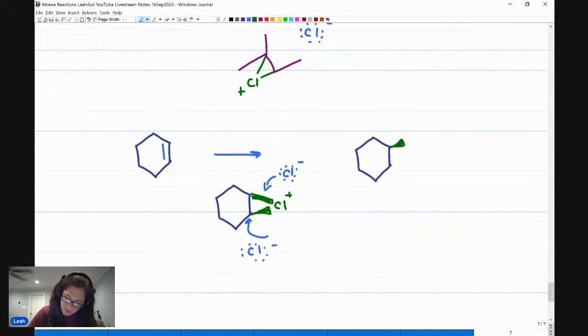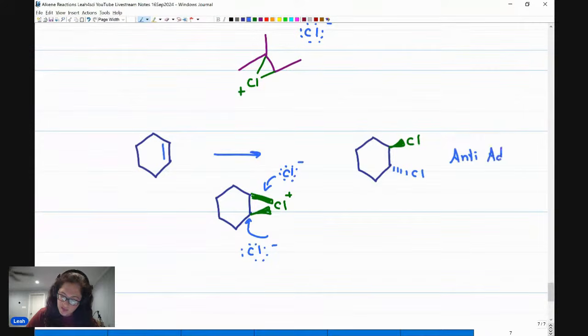That means that the green chlorine, which was on a wedge, stays on a wedge, but the blue one had to come in from the bottom. That's not blue. Let's try that again. Here we go. The blue one has to come in from the bottom. And so what we get here is an anti-addition, not anti-Markovnikov, anti as in they're adding to opposite faces of the pi bond.